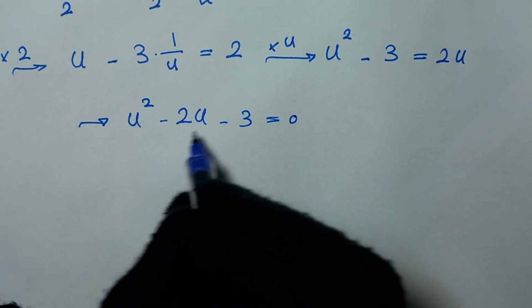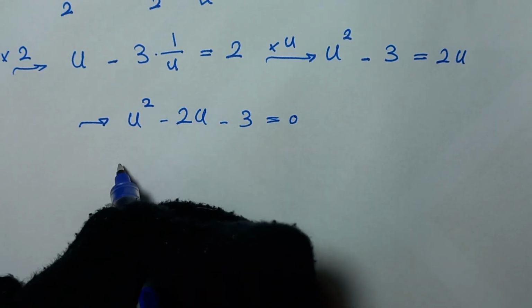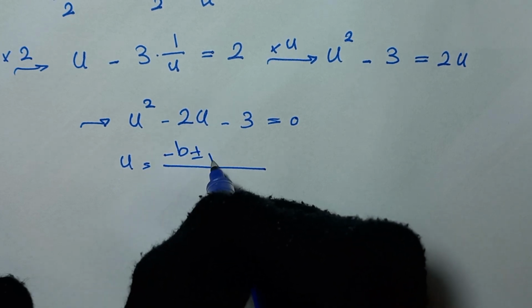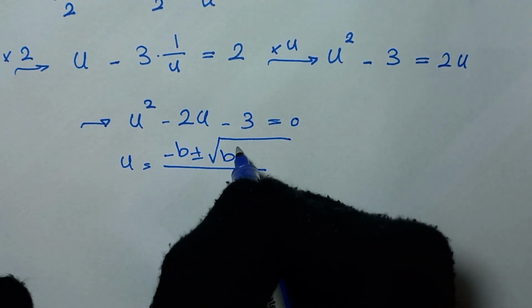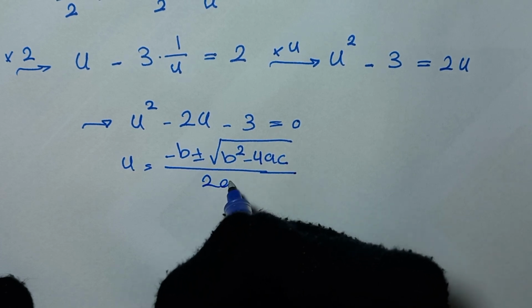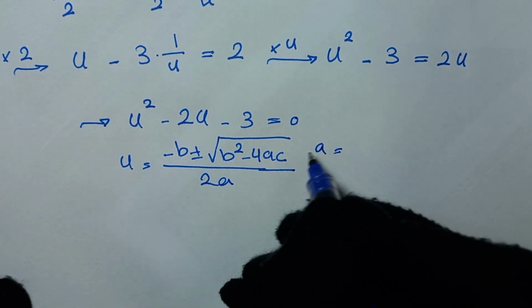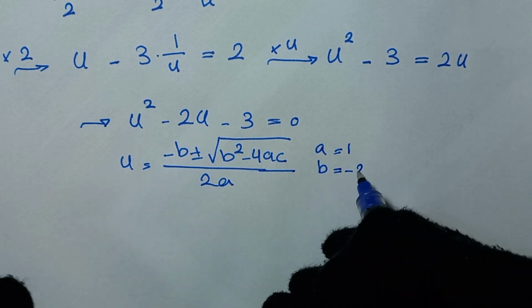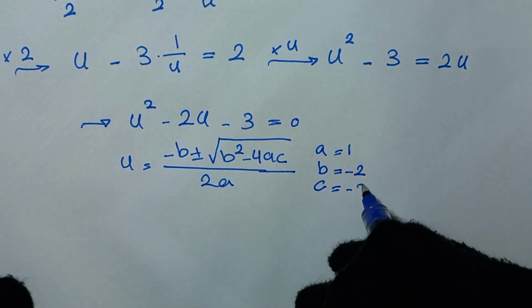In here, we have a quadratic equation and we use the quadratic formula, which is u is equal to negative b plus or minus square root of b squared minus 4ac over 2a, where a is the coefficient of u squared, which is 1, and b is the coefficient of u, which is negative 2, and c is the constant, which is negative 3.